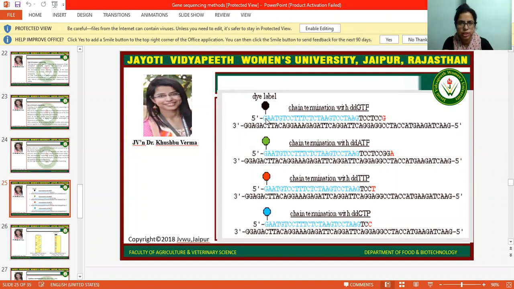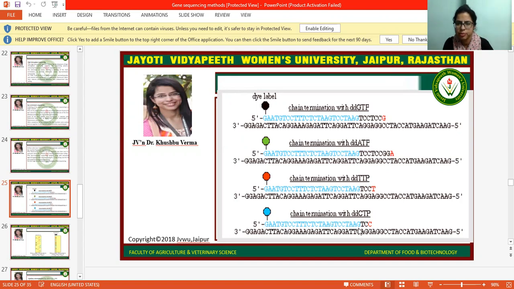This is the GTP and it is dye labeled, so you can see the black color is for ddGTP, green is for ddATP, red color is for ddTTP, and blue color is for ddCTP.